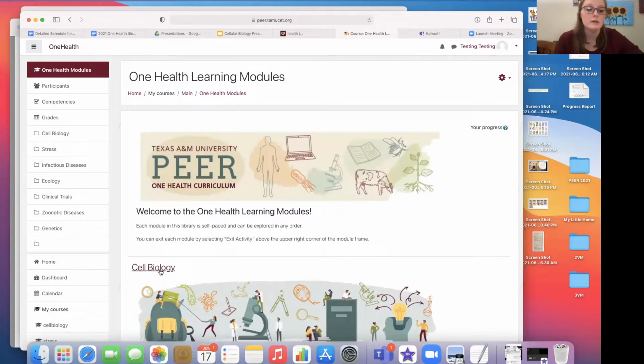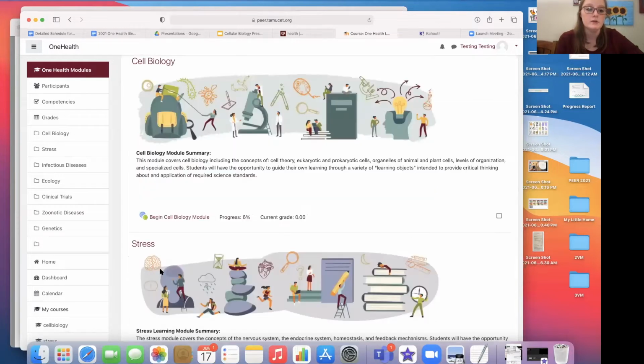Okay, now we're going to click into our cell biology one specifically. And when we click on it, it kicks us to here so that we can also click Begin Cell Biology module.